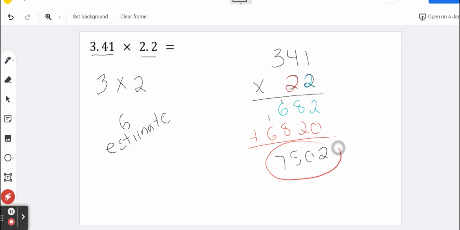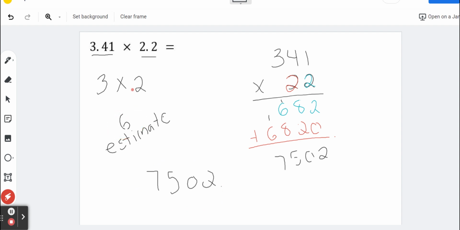So my answer is this digit, but it is not 7,502. That is not a good answer. The last step is using our estimate, we have to put a decimal in this number. So again, this number should be close to 6.